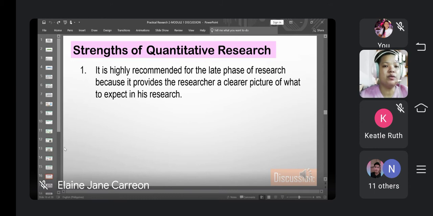Let's move on with the strengths of quantitative research. It is highly recommended for the late phase of research because it provides the researcher a clear picture of what to expect in his research. Because we are talking about numbers here, kahit nasa late phase na tayo ng research nyo, basta nandun yung mga data nyo, ay okay pa rin.